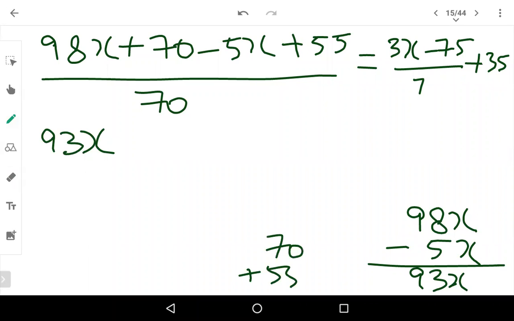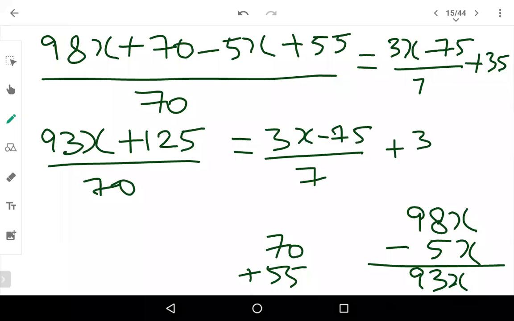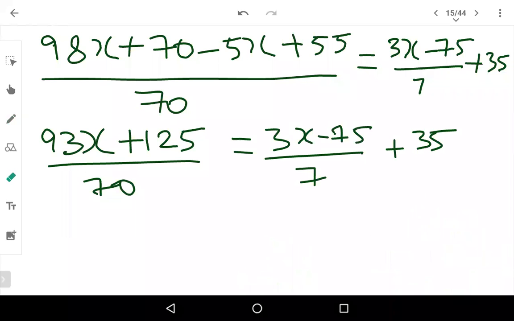How much do you get? 70 plus 55 is plus 125 divided by 70 is equal to 3x minus 75 by 7 plus 35. Okay, everybody understood this? I have just simplified this first part, the numerator.